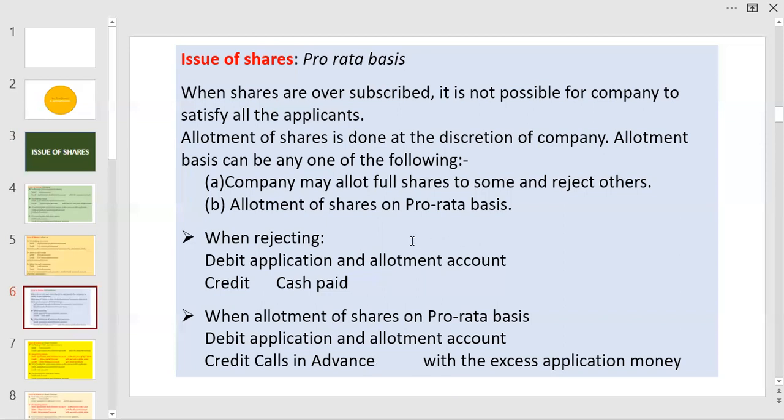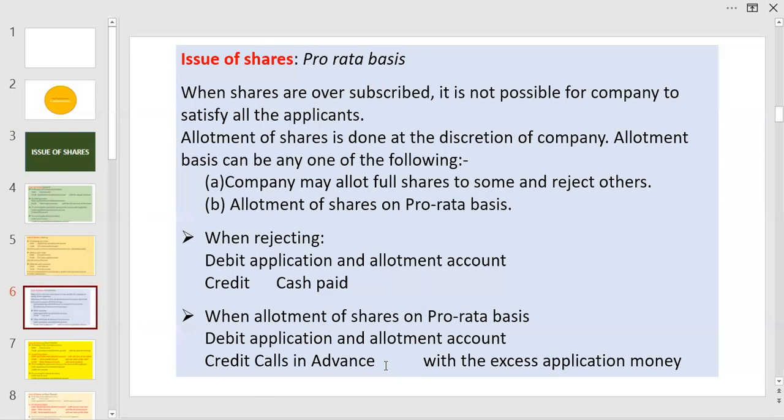When rejecting, debit application and allotment account, credit cash paid account. Issue made on pro rata basis will not affect the company but will have a bearing on the individual applicants. In case after the allotment, if still the monies of the applicants are remaining, they can be kept temporarily on a calls in advance account or may be refunded as prescribed in the prospectus.